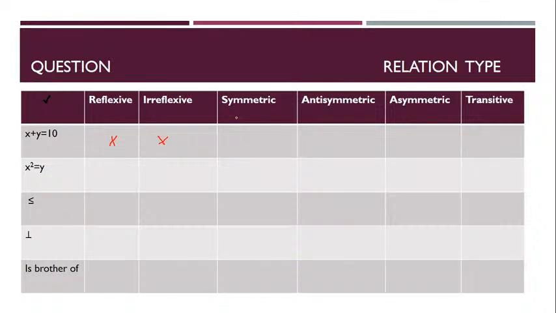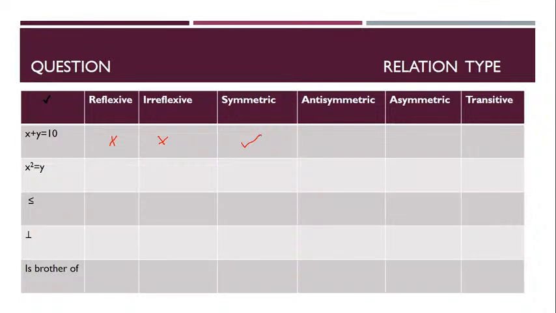Fine. Symmetric. Symmetric means 2 8: 2 plus 8 is 10. Yes, it is coming true. So if 2 plus 8 is 10, what about 8 plus 2? Yes, it is also true. That means it is symmetric. So this way the symmetric property is coming true. Now if you have one confusion regarding the self loop: yes, 5 5 is allowed. 5 5 is a self loop, and that is allowed in symmetric.